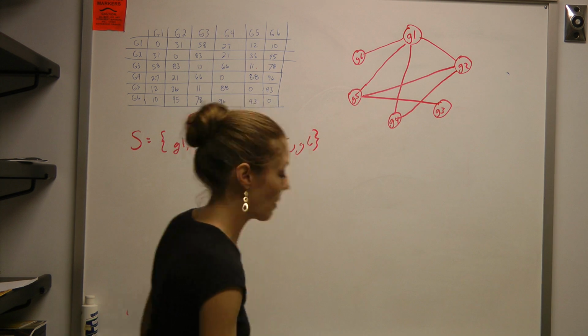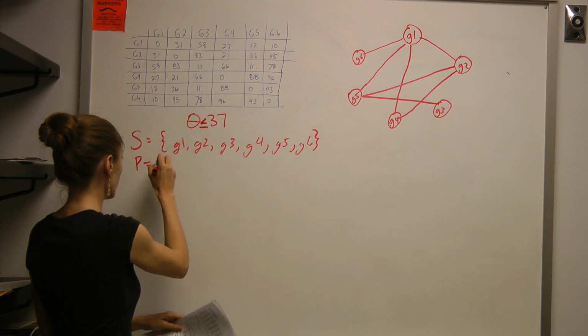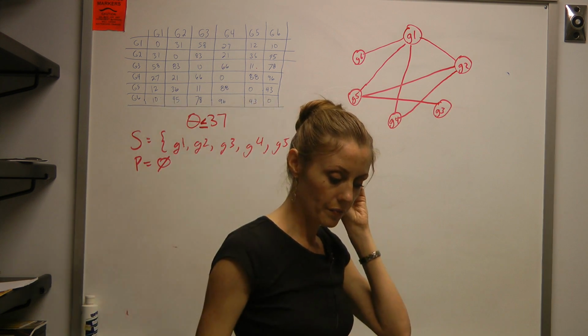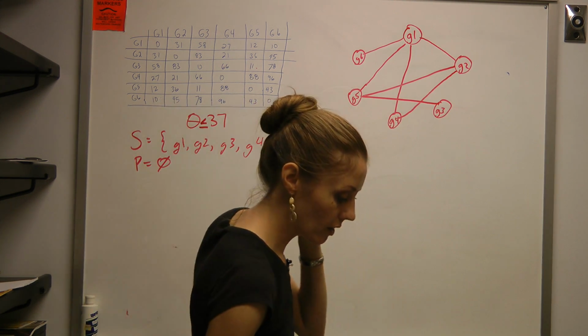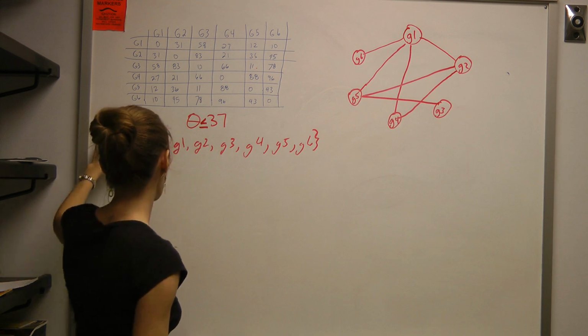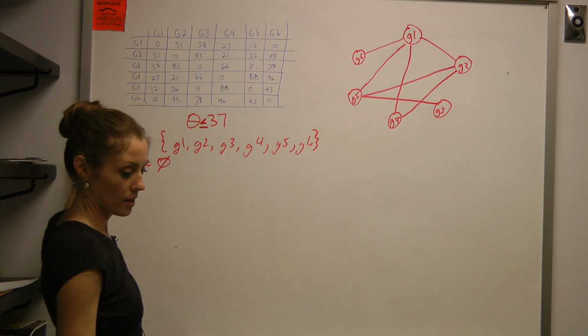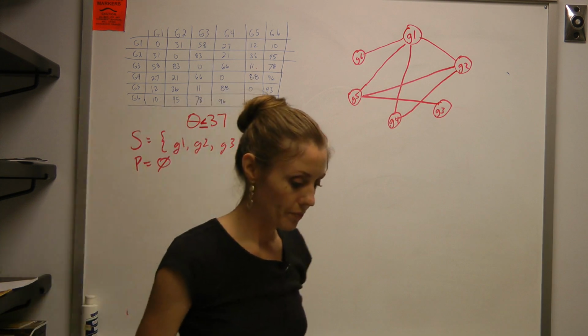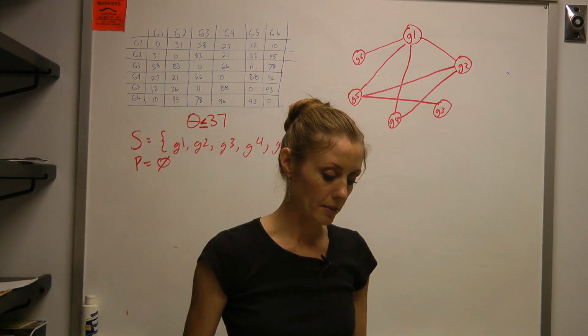And then our partitions, P, is currently an empty set. We don't have any partitions. And then while we still have genes in this set, we need to perform this loop.